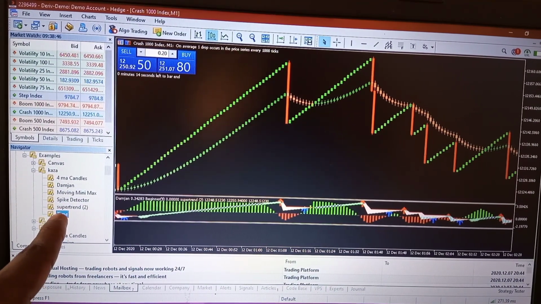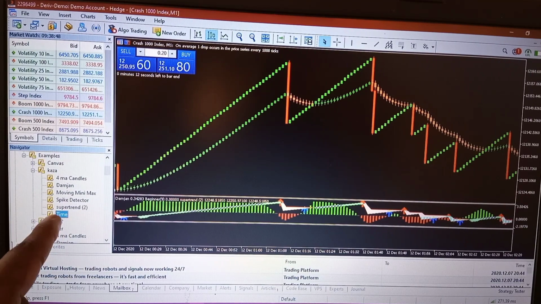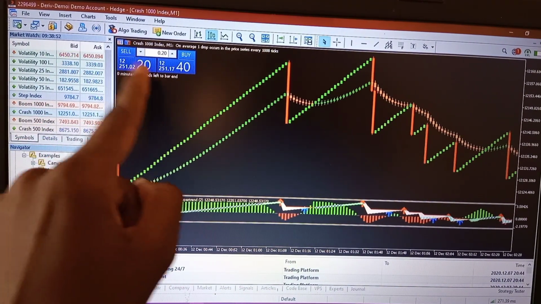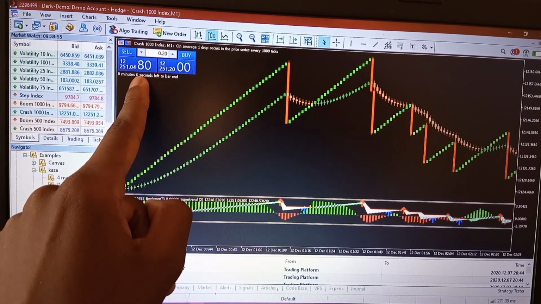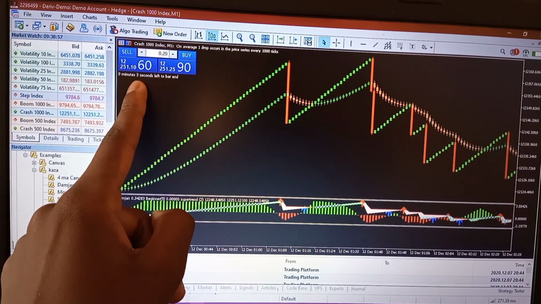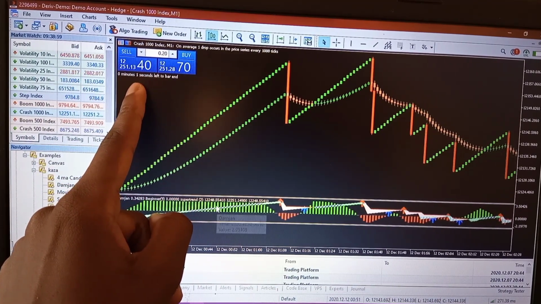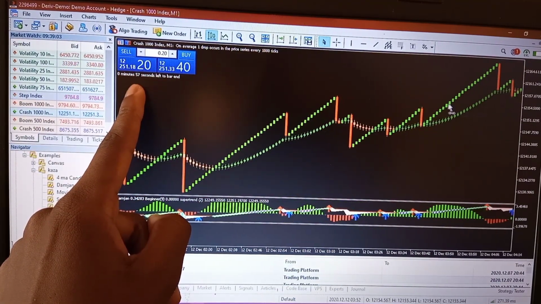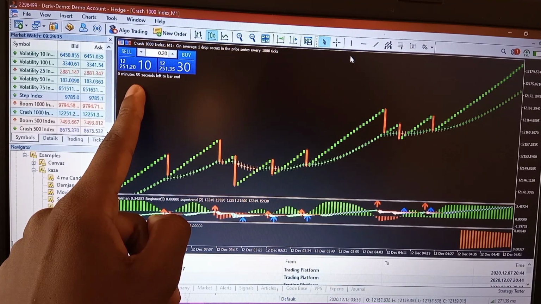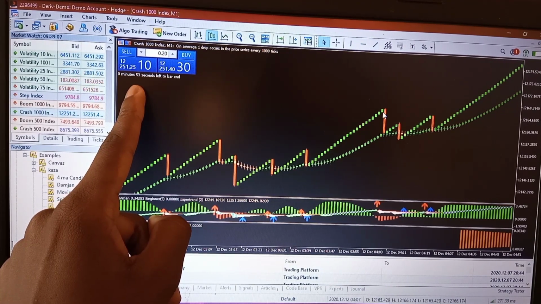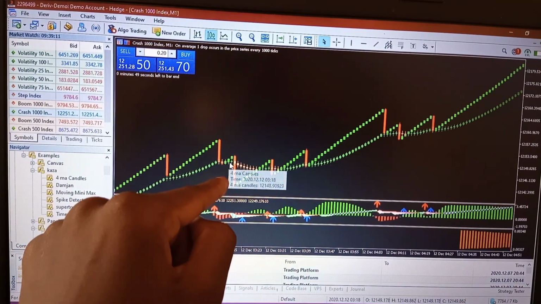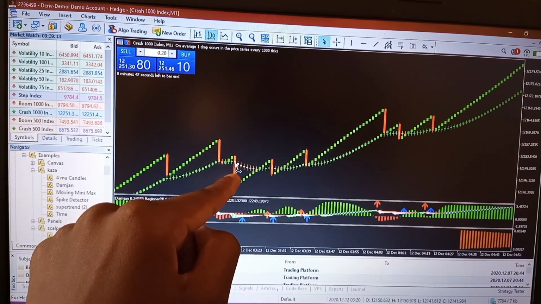The time indicator here is this one, which is somewhere here. What this indicator does is show you how many seconds or minutes are left for a bar to appear. For example, take this same red bar here.